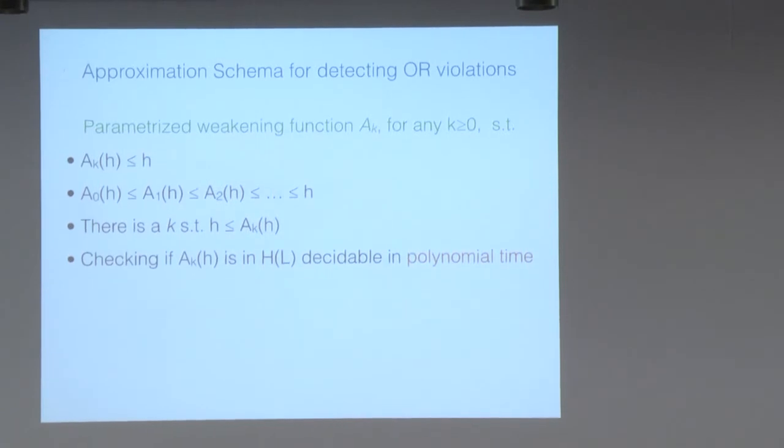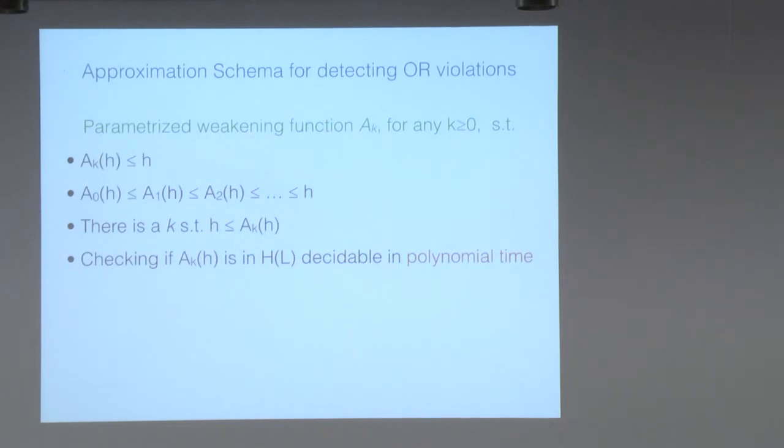Okay, good. Now, what we are going to do is to define some schema based on some functions that are going to deliver a history which is weaker than the original one. So you have to remove something and respect the fact that it's a history.